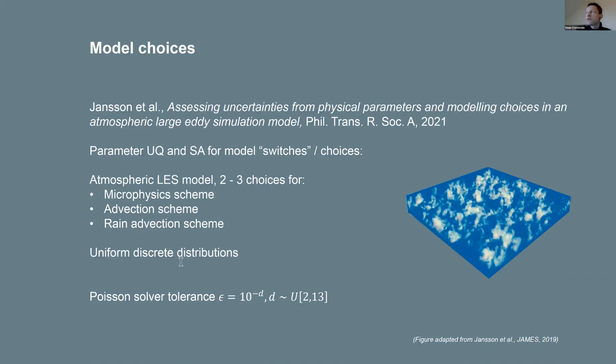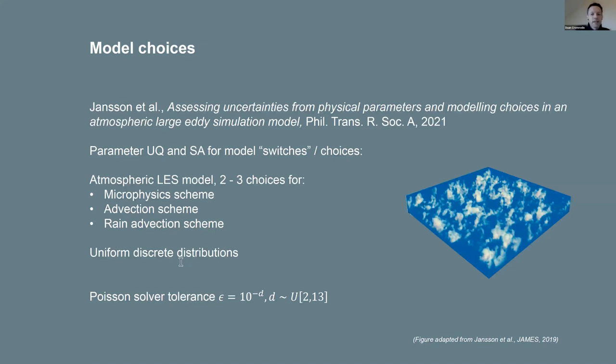So it's on or off, or a third choice, and we put uniform discrete probability distributions over these various choices, and in that way sample all these different combinations in order to explore the effects and the variance in the output of the model due to these different choices.